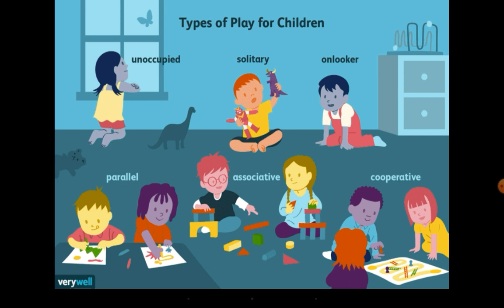Like, nowadays materials are available, like blocks and all. So maybe they may join blocks or play with sand. All the children will be playing in the sand, but they themselves will be involved in building. Like, one child will be building a temple, the other child will be building a house, or they will share the materials like that.